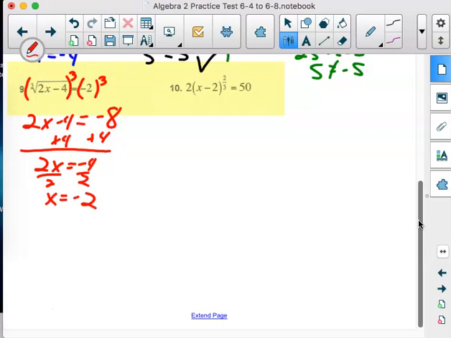But, of course, we would say at this point especially, I wonder, does it really work? Because we've had some issues so far. Two times -2 is -4. What's -4 minus 4?